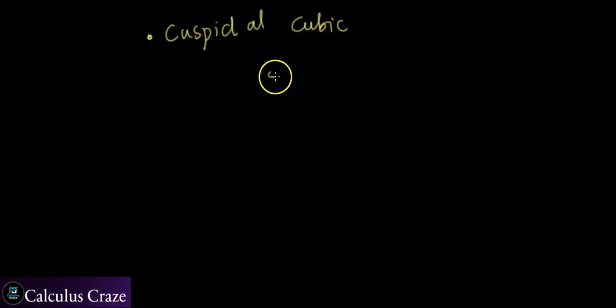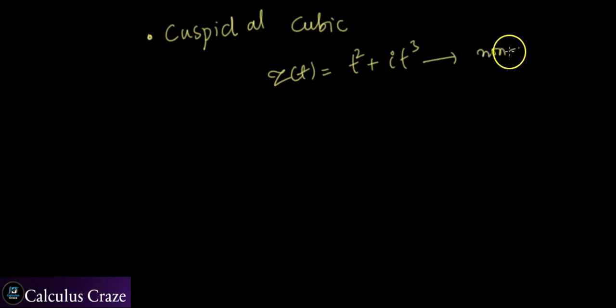Let me state some of the examples, some of the names. There is a cuspidal cubic. You can check that its equation is z of t equals t squared plus iota times t cubed, and this curve is not smooth.